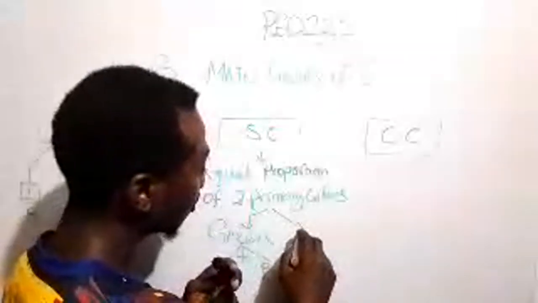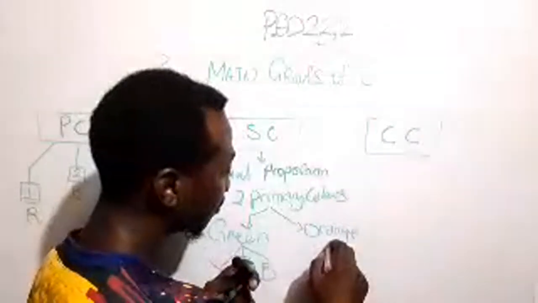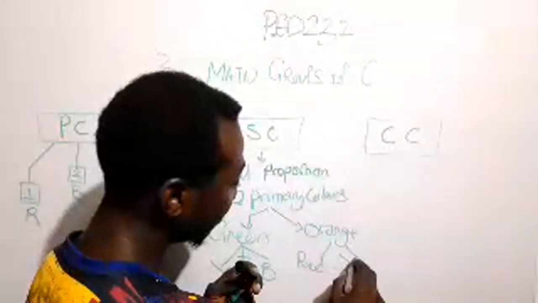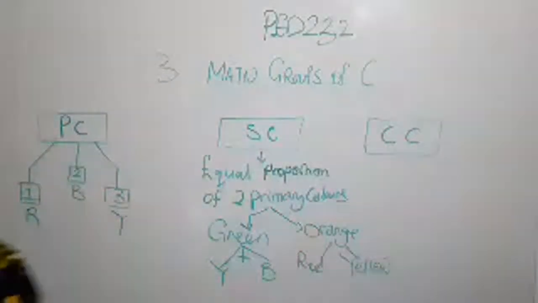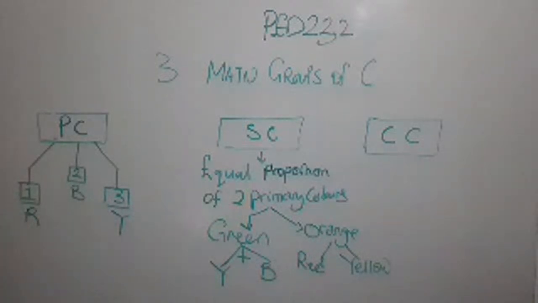We also have orange, which is a mixture of red and yellow.